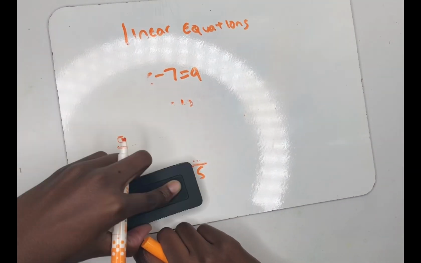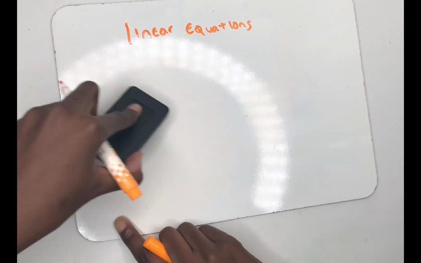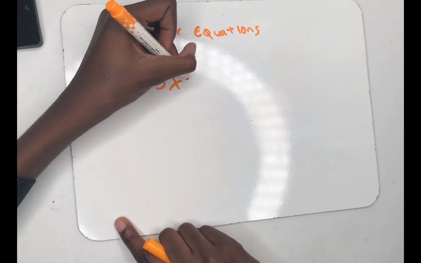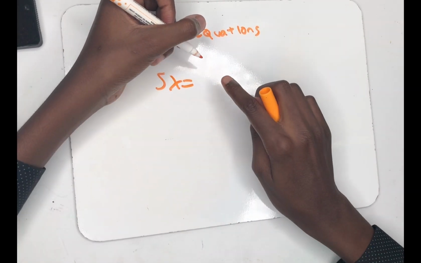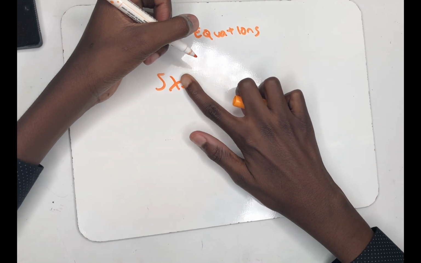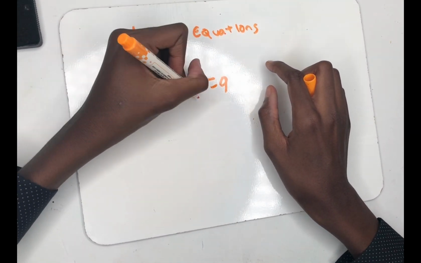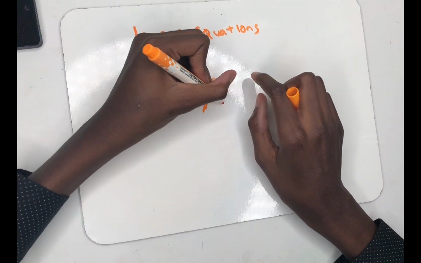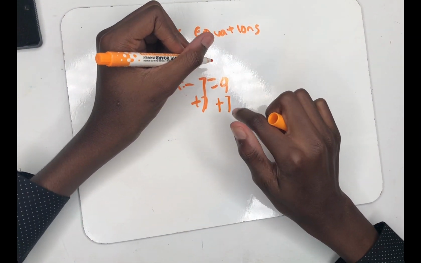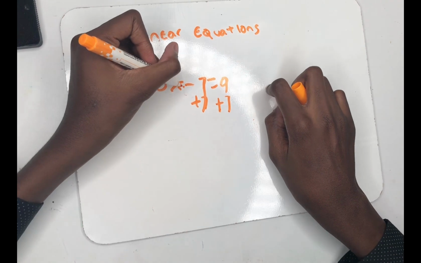Hold on a second. You can do this. 5x minus 7 equals 9, plus 7, cross out plus 7, because whatever you do to the left side, we will also do to the right side.